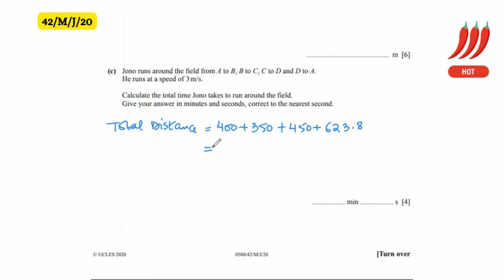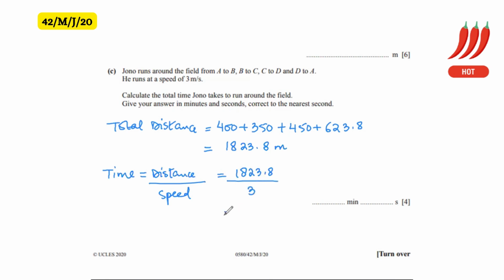That is going to give us 1,823.8 meters. Time is going to be distance divided by speed, which is 1,823.8 over 3, 607.93 recurring. This is in seconds.